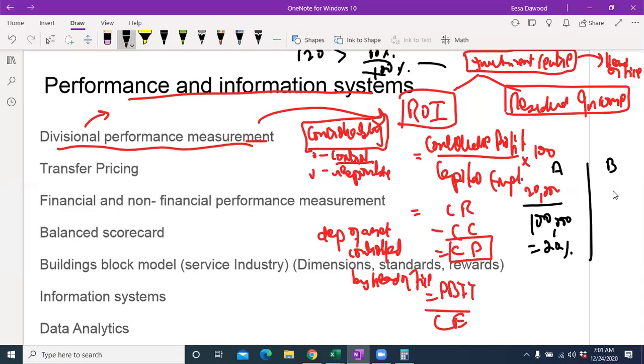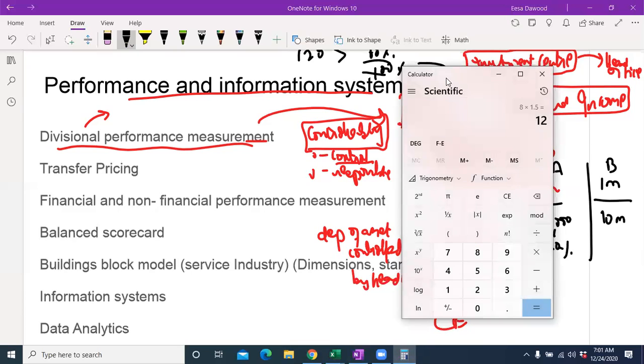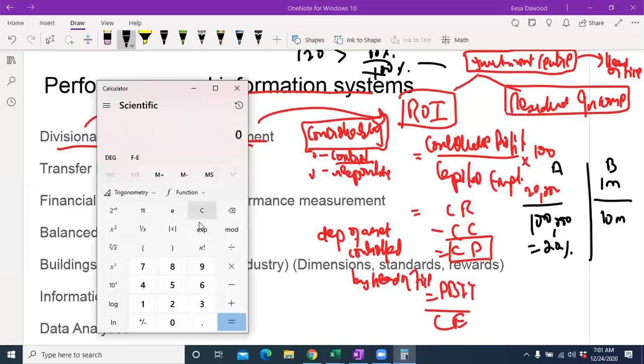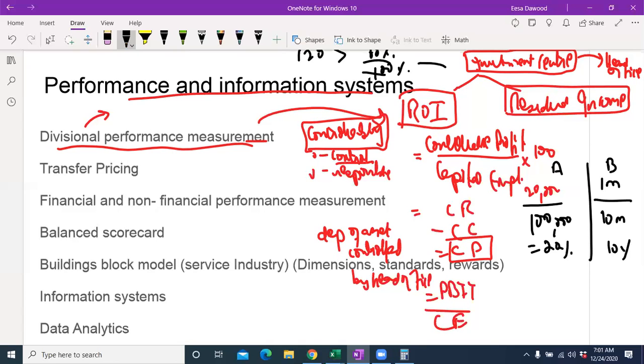If I compare it with another division, a big division where profit was 1 million and the investment was 10 million, it is a different size division, but based upon ROI, I can compare two different divisions. 1 divided by 10, what would be the return on investment? It would be 10%. So I can compare the performance of different divisions based upon ROI, since it's a relative measure.